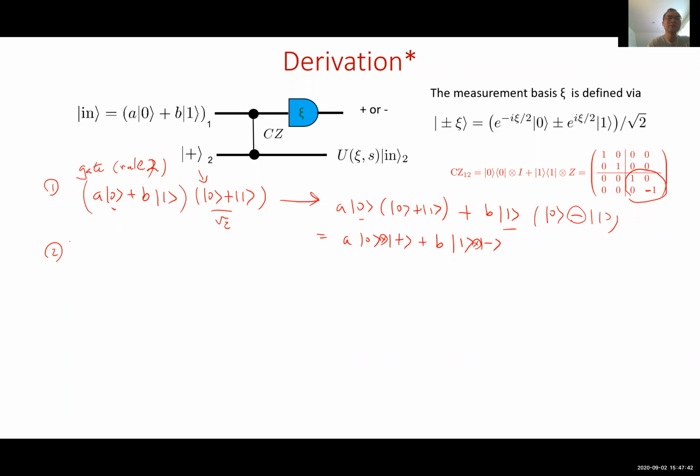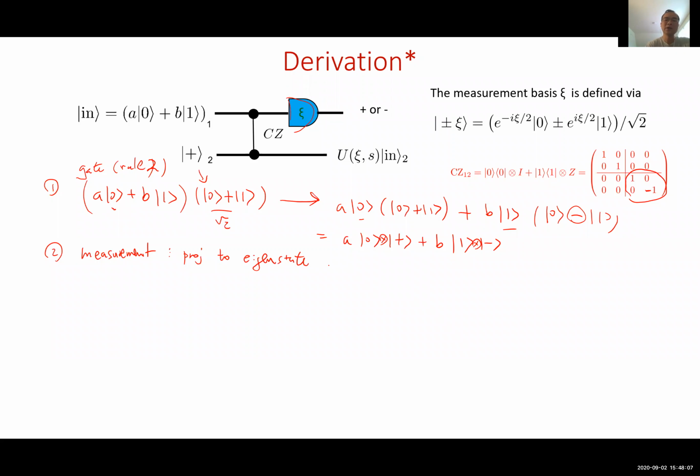Then here I'm going to apply measurement. Right, so measurement projects to an eigenstate of an observable. So measurement, I'm only doing that on the first qubit.